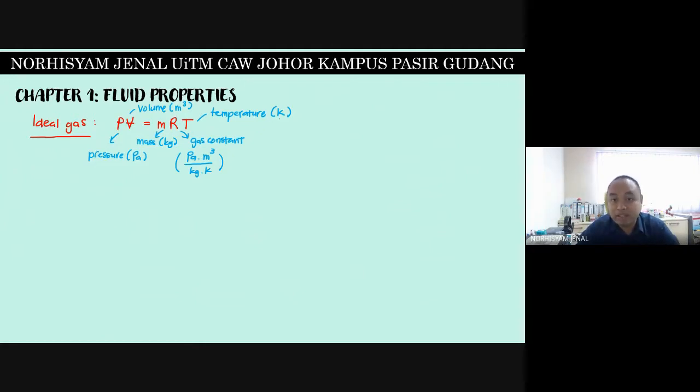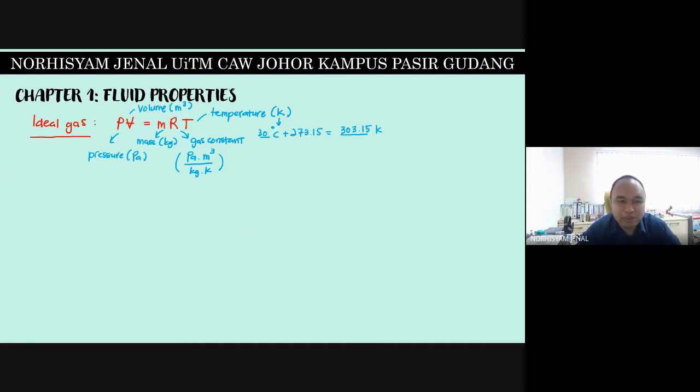How do you get Kelvin? Simple. Anything that you get in Celsius, you add 273.15, and you will get the answer in Kelvin. For example, 30 degrees Celsius is equal to 303.15 Kelvin. So that's the idea of it.